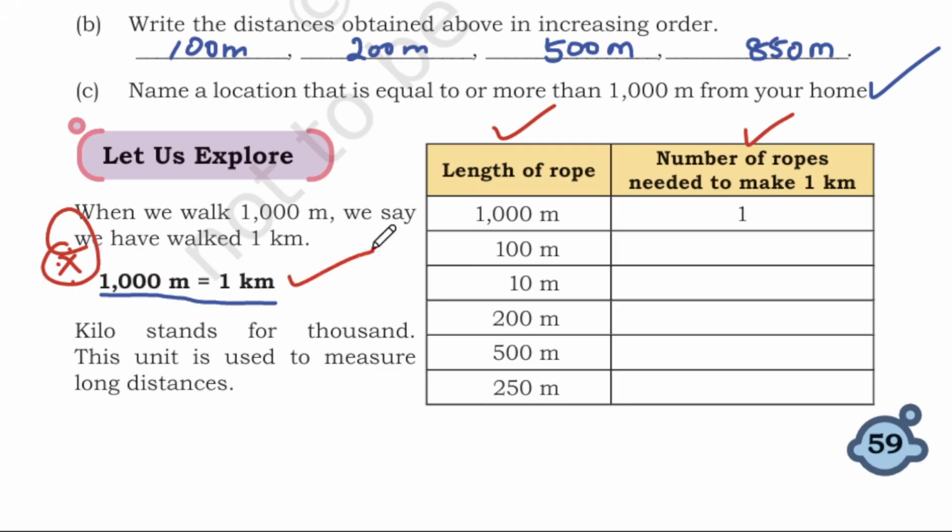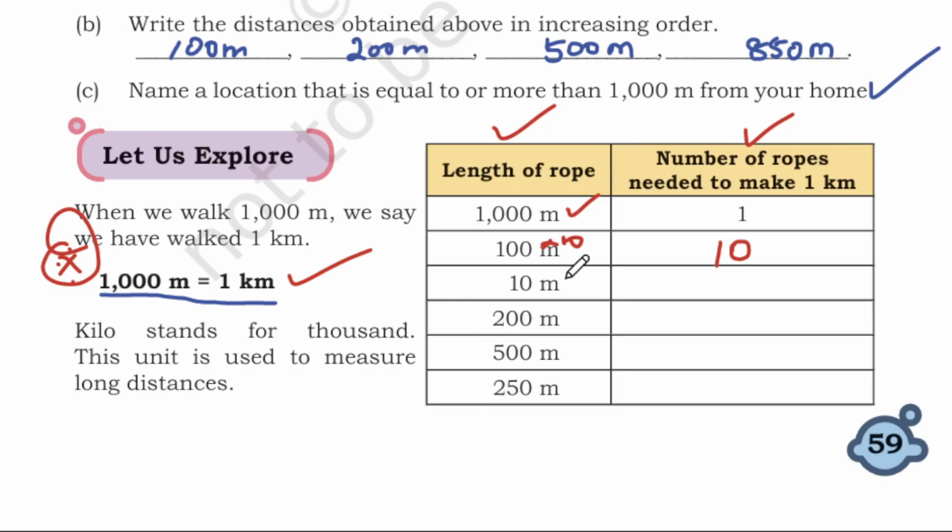So here we have already given the number of ropes needed to make 1 kilometer. Here we have the length of a rope, and the number of ropes needed to make 1 kilometer. For 1000 meters, how many ropes do we need? We need one rope. If you have 100 meters, how many ropes are needed? You need 10 ropes. 10 into 100 is 1000 meters.